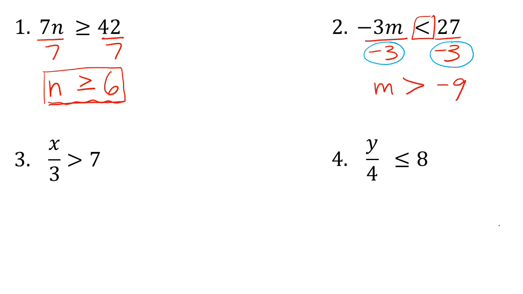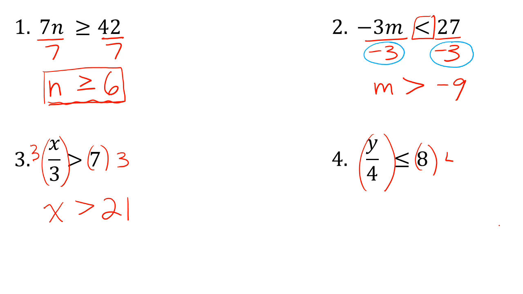Question number 3. So what we do is we multiply both sides of our inequality by 3. So we're left with x is greater than 21. For number 4, we're going to multiply both sides of our inequality by 4. So we're left with y is less than or equal to 32.